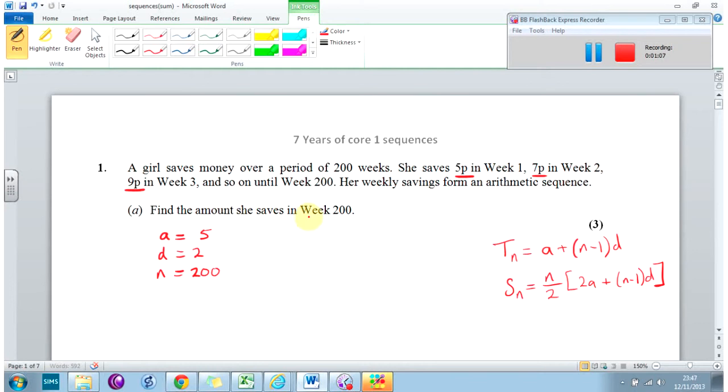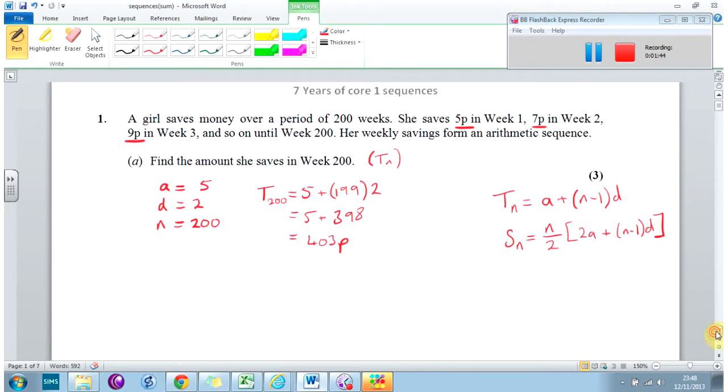And the amount she saves in week 200, this is an nth term problem. So we just substitute it in. The 200th term is equal to 5 plus 199, that's n minus 1, times d. And 199 times 2 is 398, and we're adding 5 to it, which gets us to 403, and it's an amount in pence.